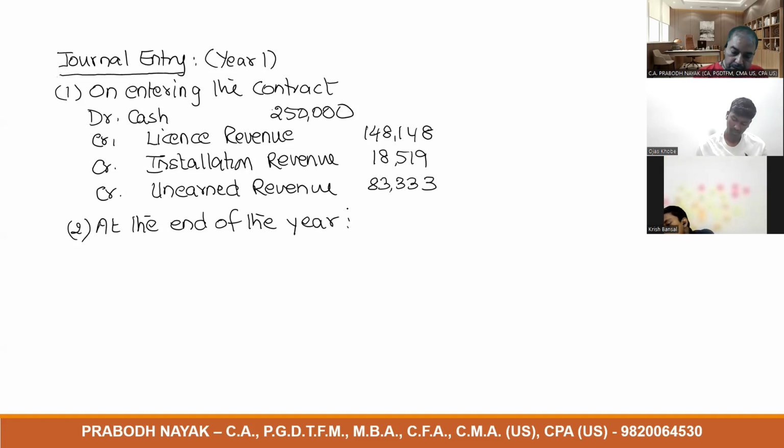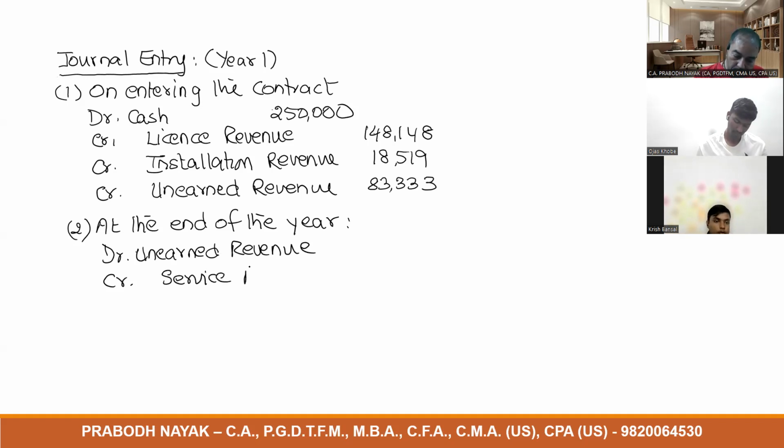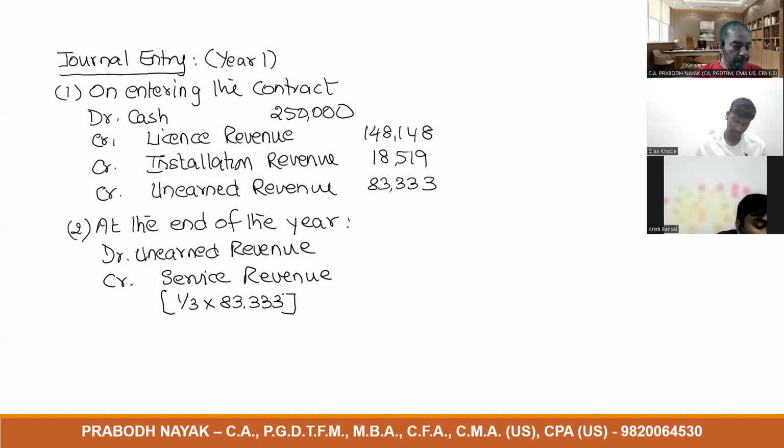At the end of the year, 1/3 of that we will have to show as revenue. So debit unearned revenue and credit service revenue with 1/3 of 83,333. Calculate how much?